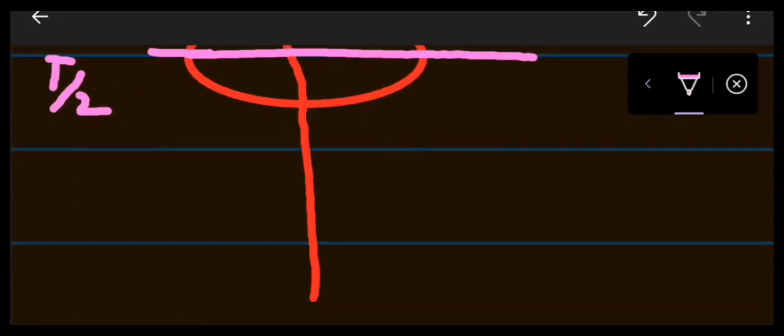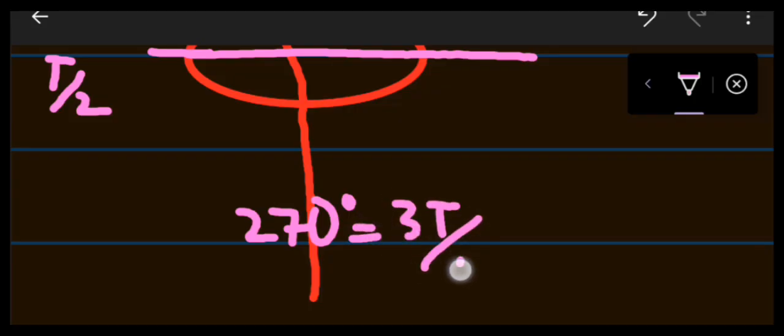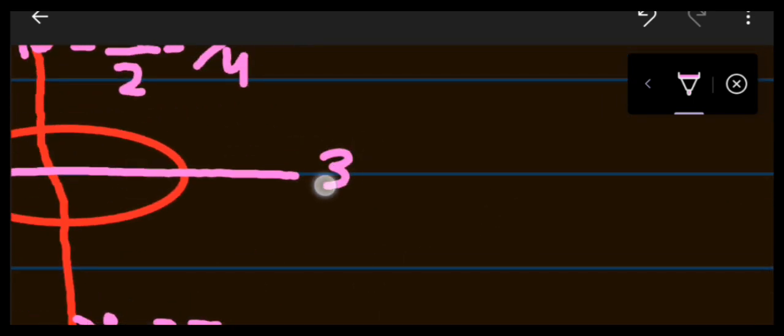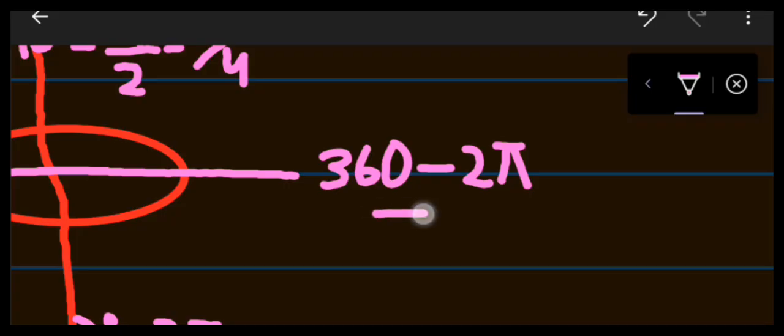It goes here and in the graph this is 270 degrees which is 3T by 4. Okay. And here last it is 360. Here it is 2 pi or T only.